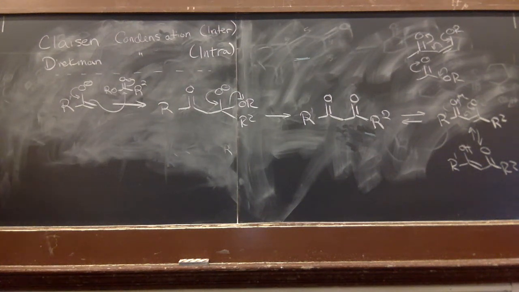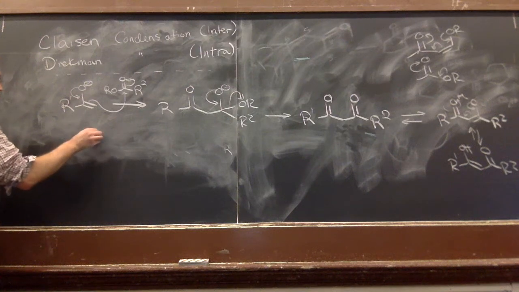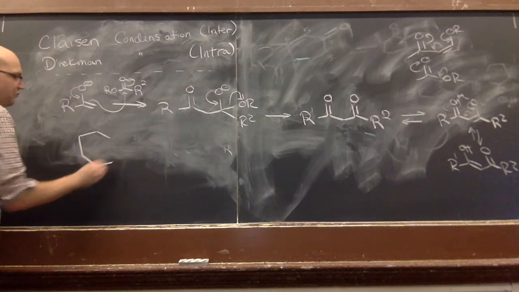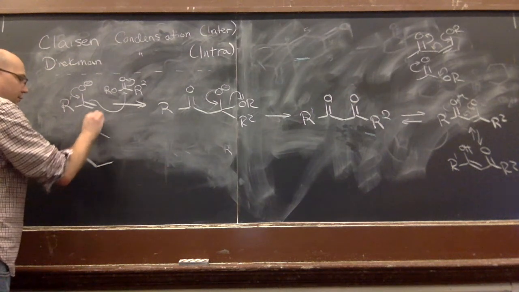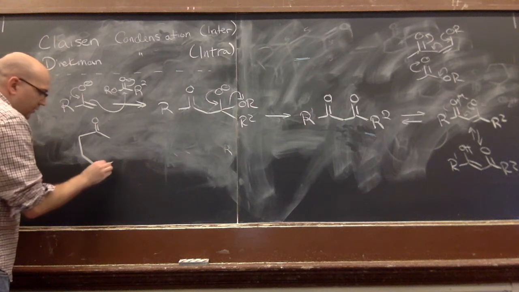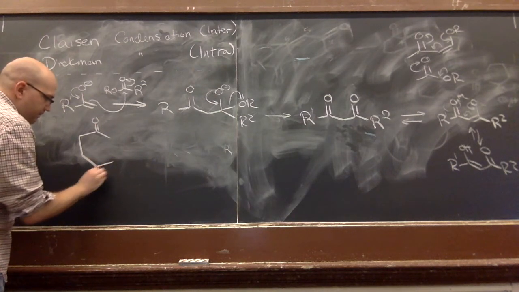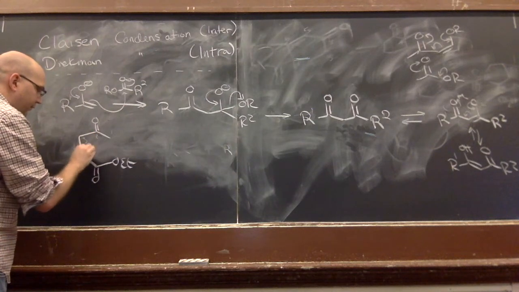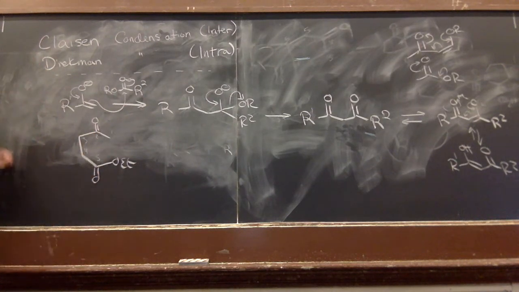Dieckmann condensation is the same thing. It's just in a ring. So if we had a system like, say, for example, this ester, 1, 2, 3, 4, 5. Okay, in this case, this would be a 5-member ring.